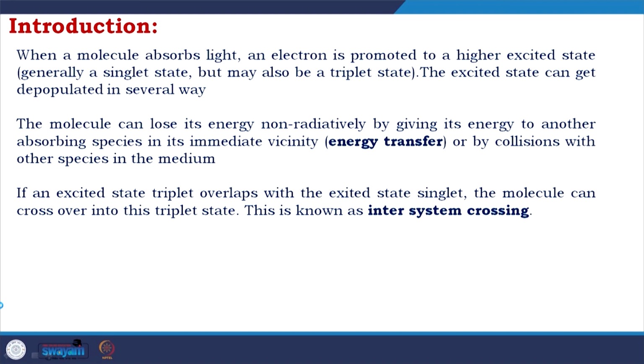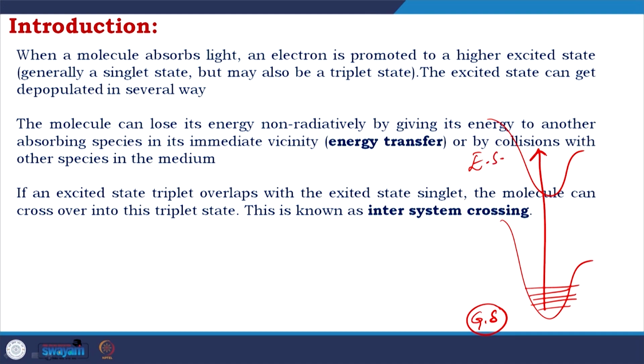inter-system crossing. So, what is happening? We have discussed that. There is a ground state with vibrational states, and then there is an excited state. An electron goes from here to here and then comes back, but it could go to a second state.